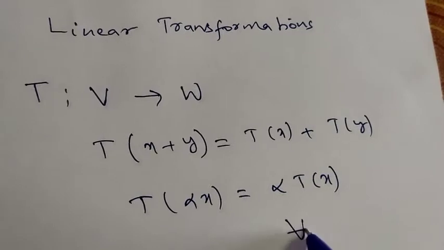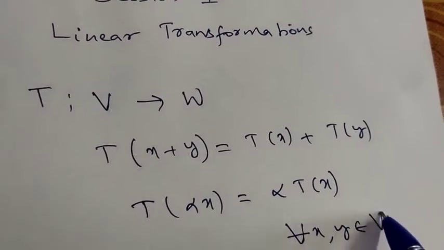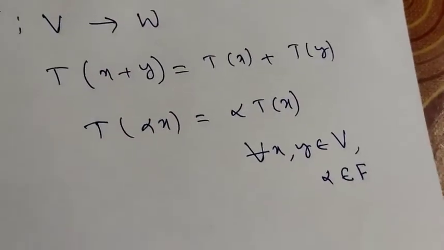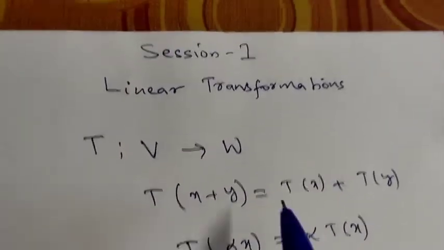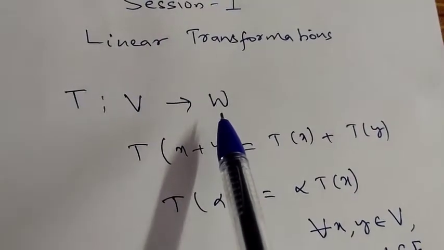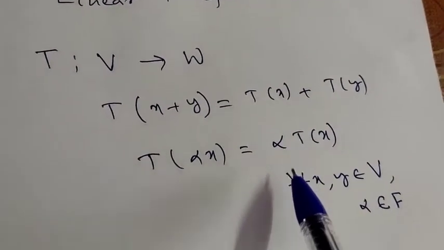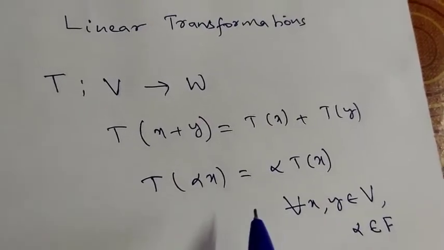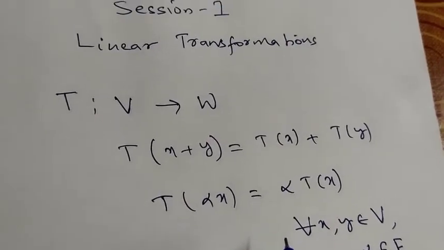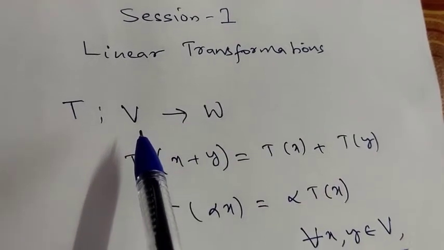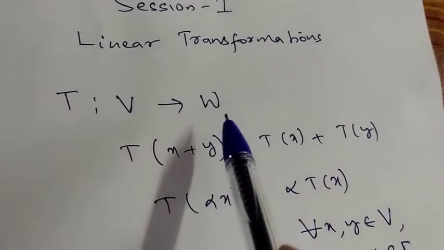This holds for every x, y belongs to V and alpha belongs to F, right? The mapping T from the vector space V into the vector space W is said to be a homomorphism if this condition holds true. So this homomorphism itself is called a linear transformation. T is here called the linear transformation from the vector space V into the vector space W.